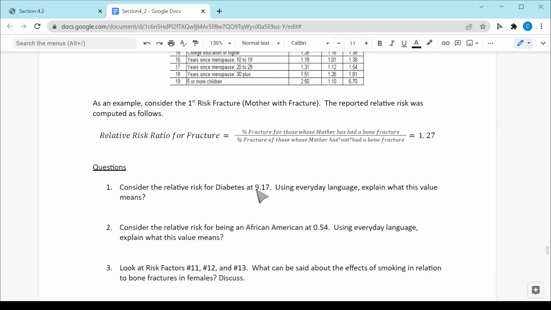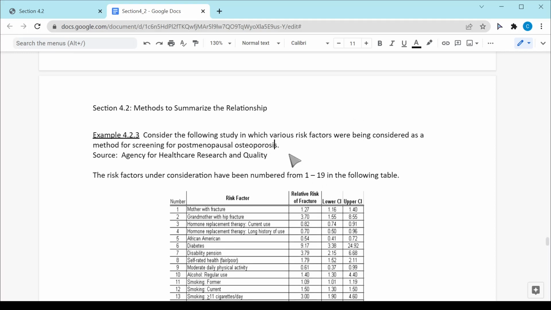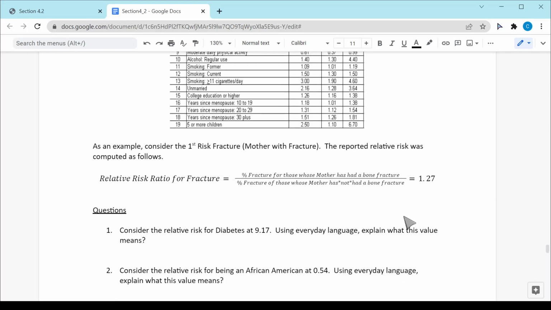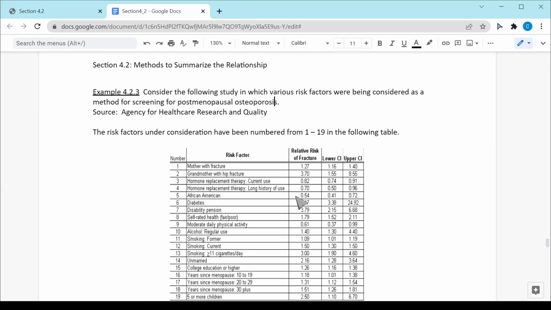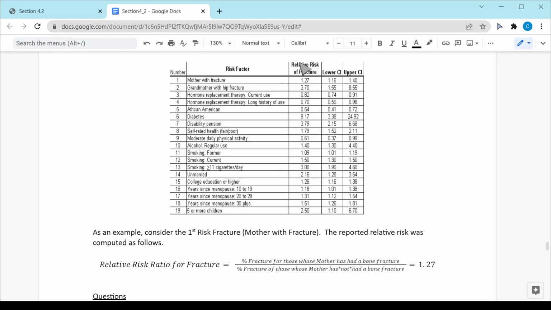A woman with diabetes is 9.17 times more likely to end up with postmenopausal osteoporosis than a woman that does not have diabetes. So diabetes here is a very good indicator of bone density or weakening of bone density. That is the largest in this list.